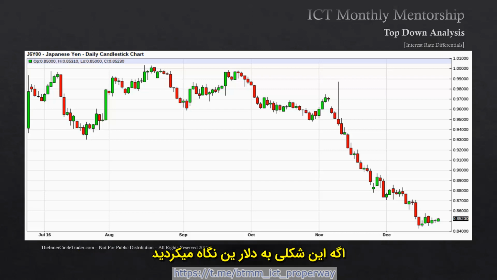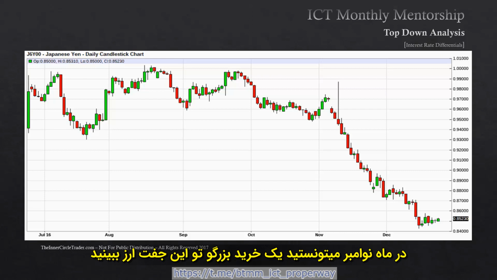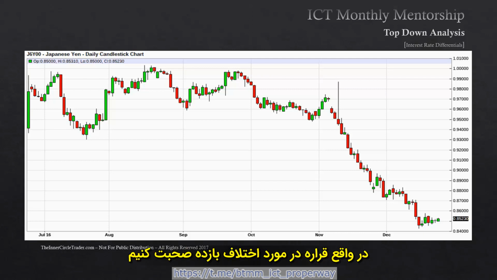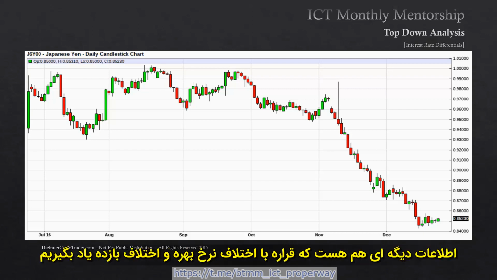If you look at the dollar yen pair in relationship to this, in November you would see a strong buy or a low in that particular currency pair. We're going to talk more about differentials, and we're actually going to start talking about yield spreads when we get into swing trading. There's other information we're going to talk about with interest rate differentials and yield spreads.